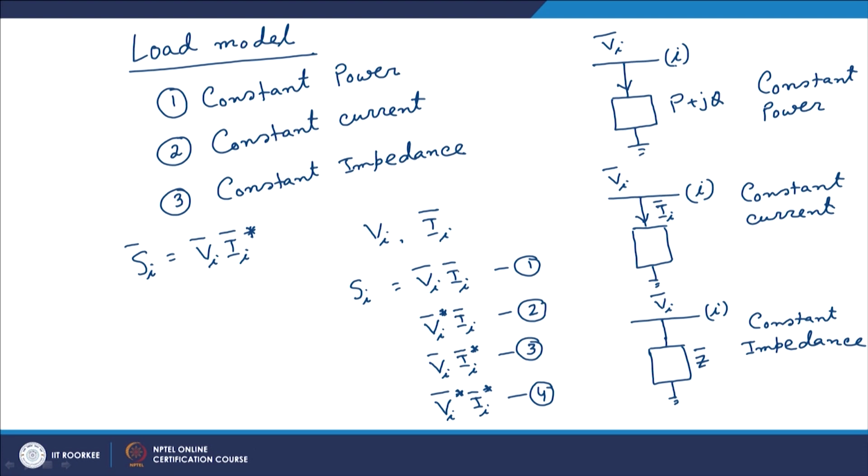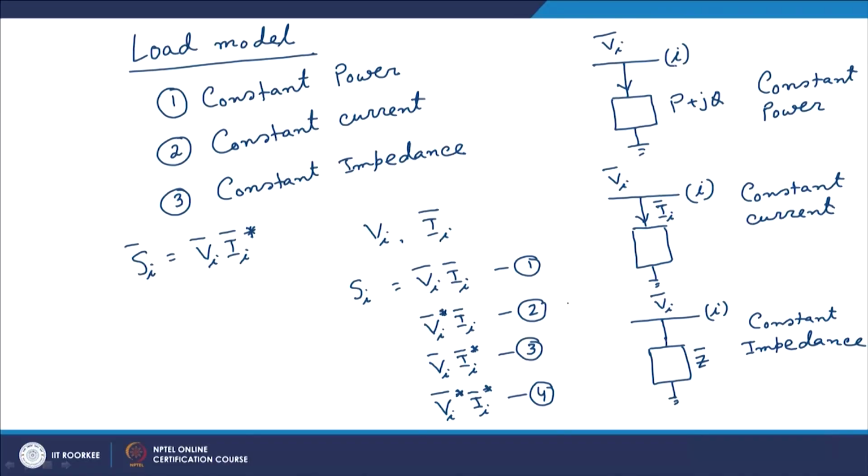Please note, all these four combinations dimensionally denote complex power. All these four combinations are nothing but the product of voltage and current, which dimensionally denote power. But out of these four, we only choose option 3.